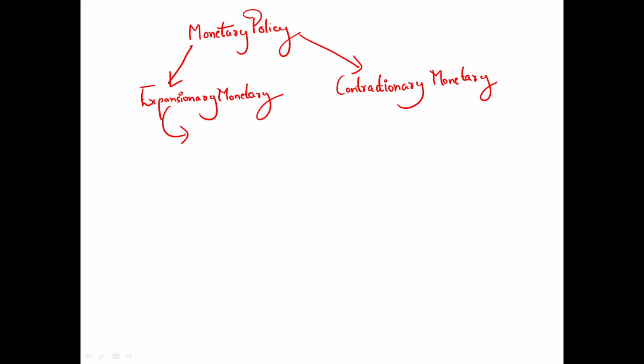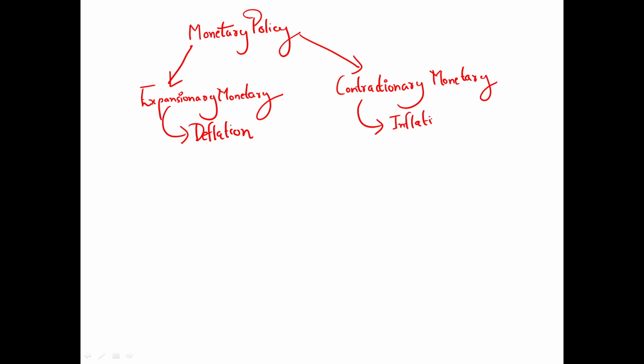The condition of the economy where there is no quantity of money in circulation is deflation. So expansionary monetary policy is applied during deflation, and contractionary monetary policy is applied by the RBI during inflation. Its logic is pretty simple.